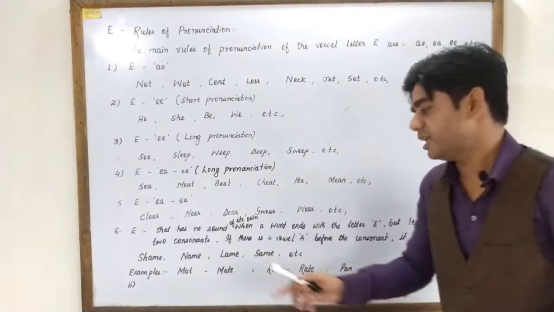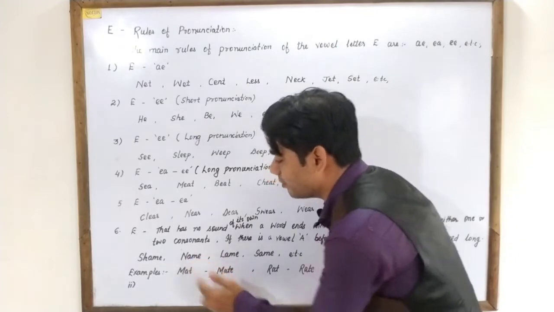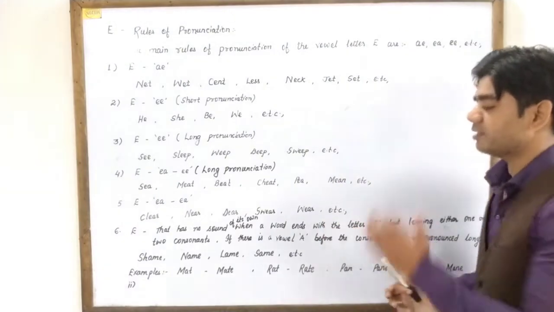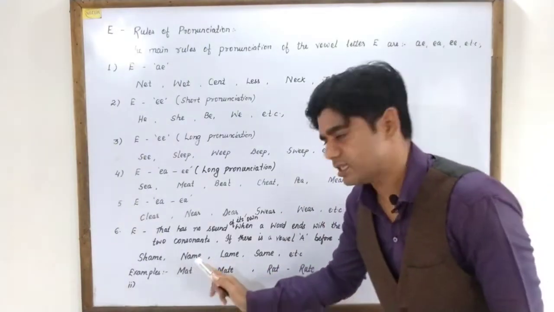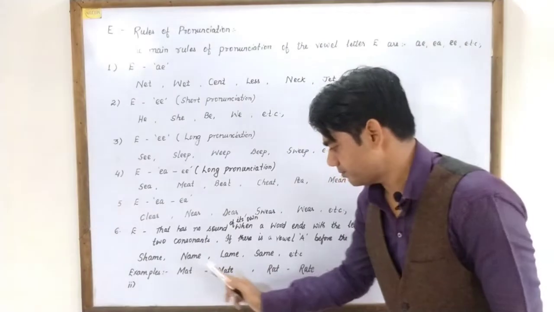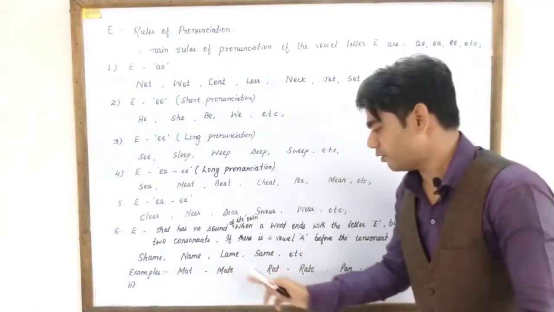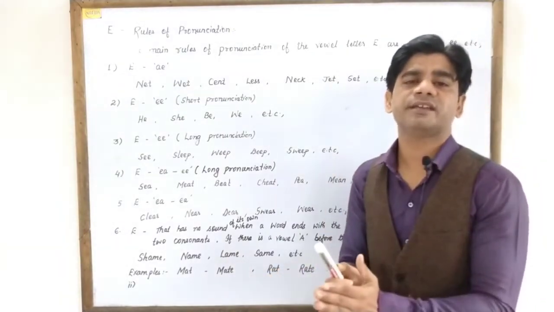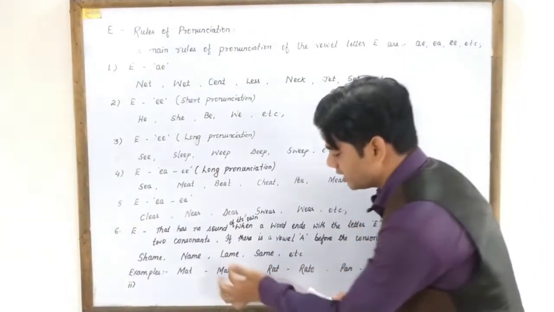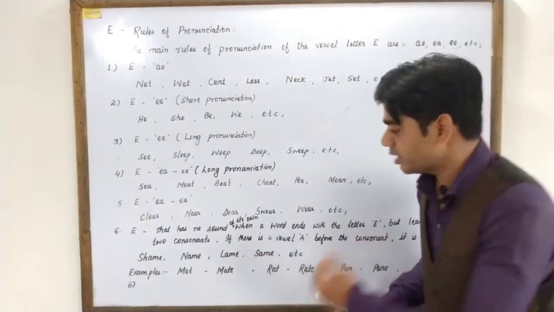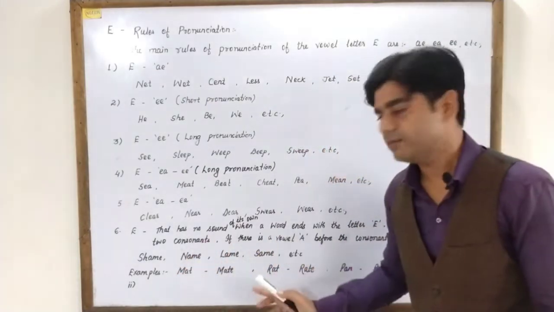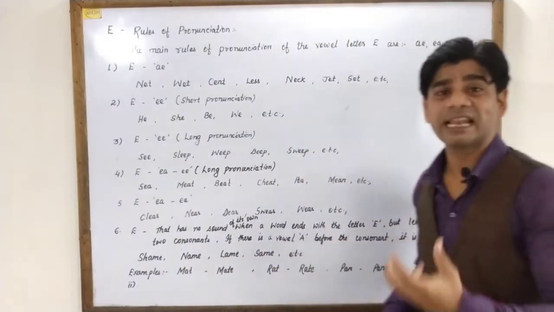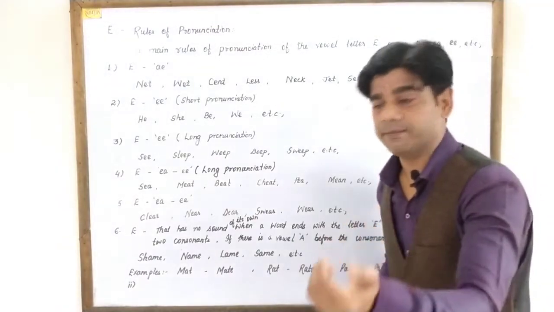Here also the word ends with E, before it there is a consonant M, and before M there is A, so we pronounce it name. One more example, L-A-M-E, lame, not lem.